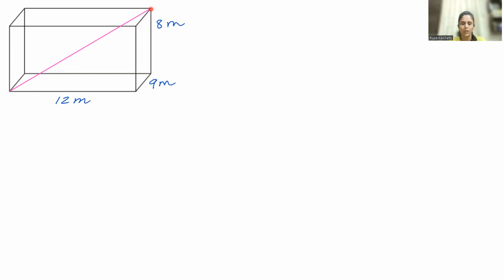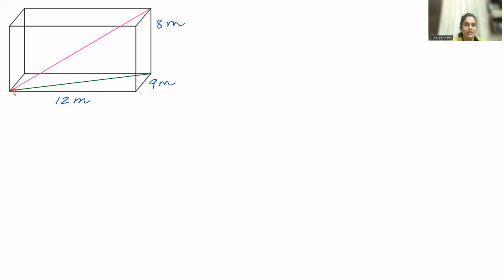For that, we have to do something else also. We have to draw one more line which will make a triangle, which I'm drawing in green here. So what I did here is I have joined the front end to the back end. So I have drawn a diagonal to the base of this room, the base of this cuboid.